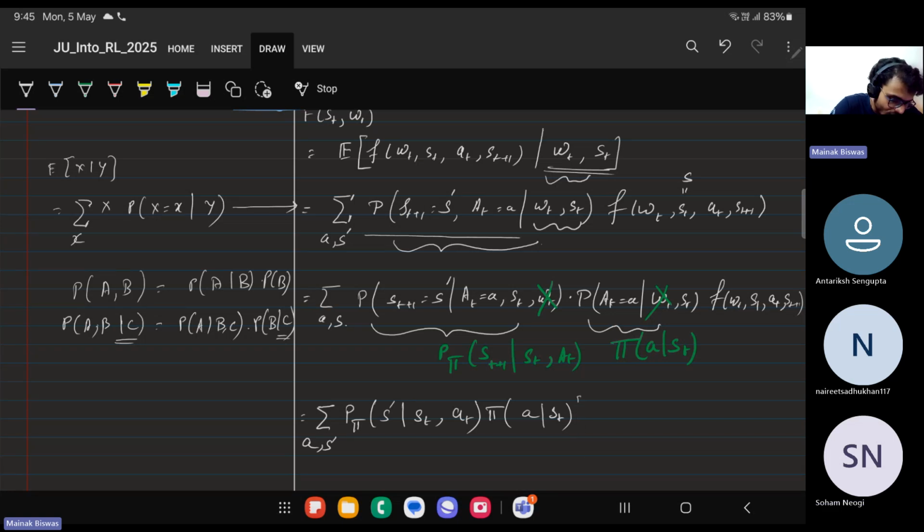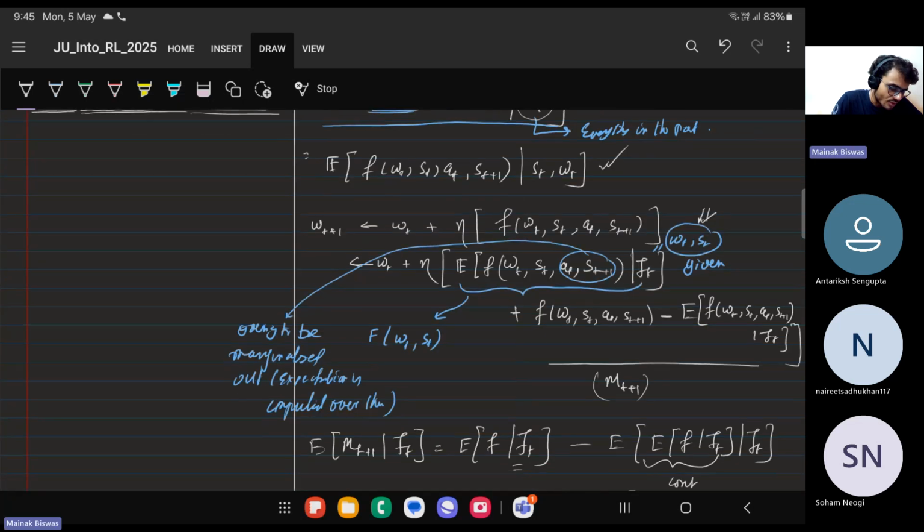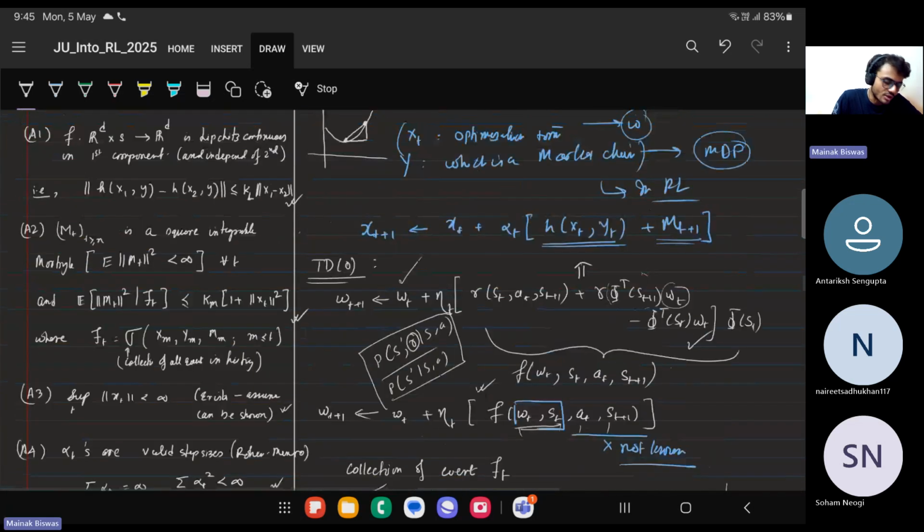So I will write down the F function. What is the F function? Can you tell me? Reward ST AT S dash, summing over A. So this policy is F of WT ST A comma S dash. Fine. So what is the value of F? Do you have it noted down? F is the reward function plus gamma times the next state's value function minus the state's value function.